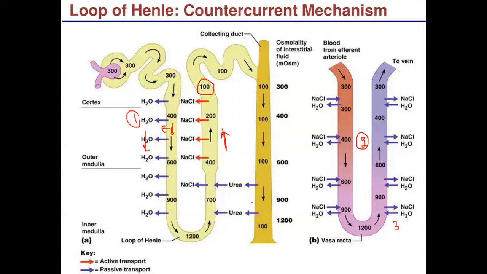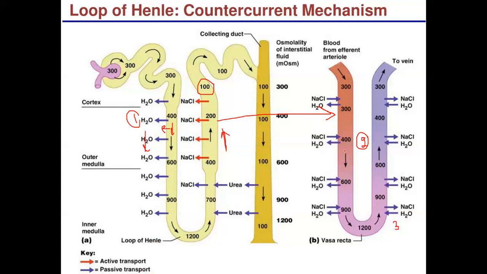Now what is vasa recta doing here? See here, when this ascending limb is there, there is this descending limb of vasa recta. So NaCl that is coming out from this is directly going inside this.